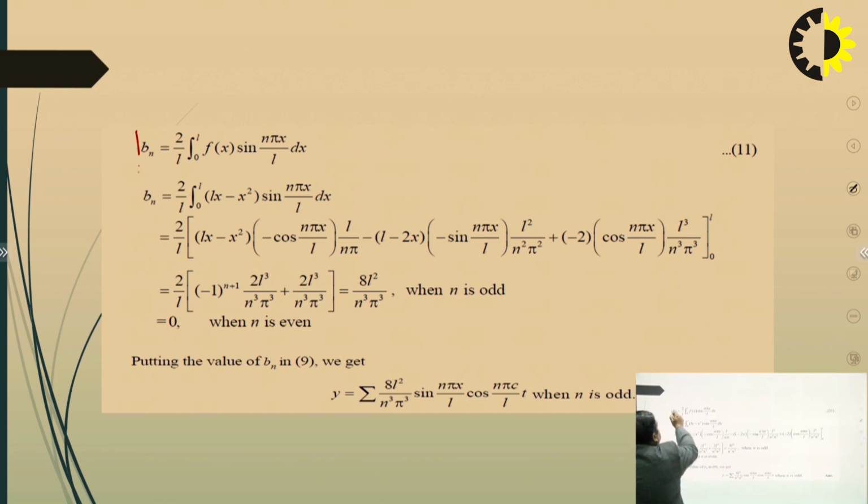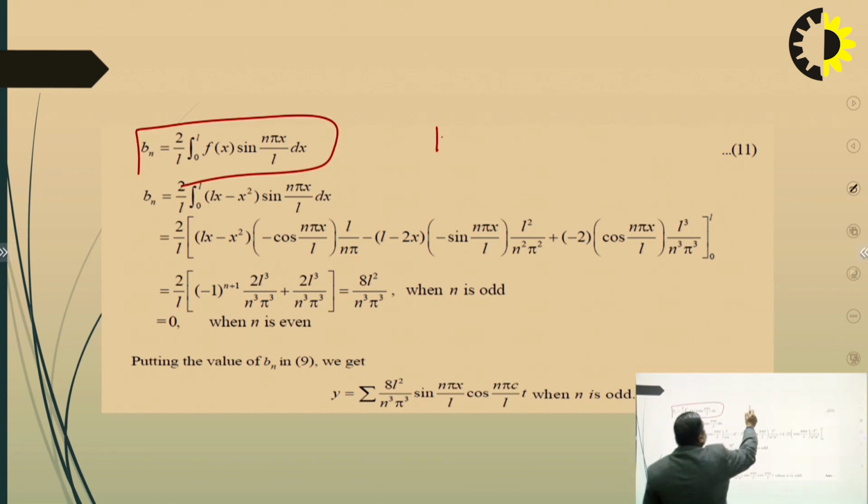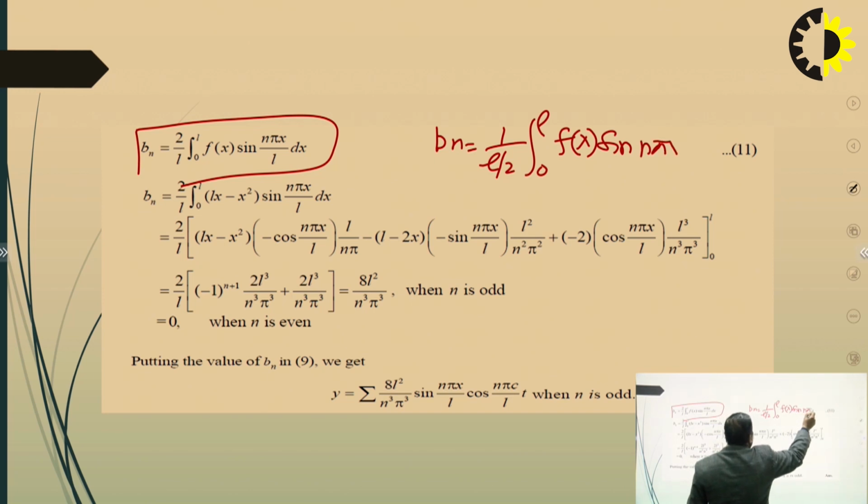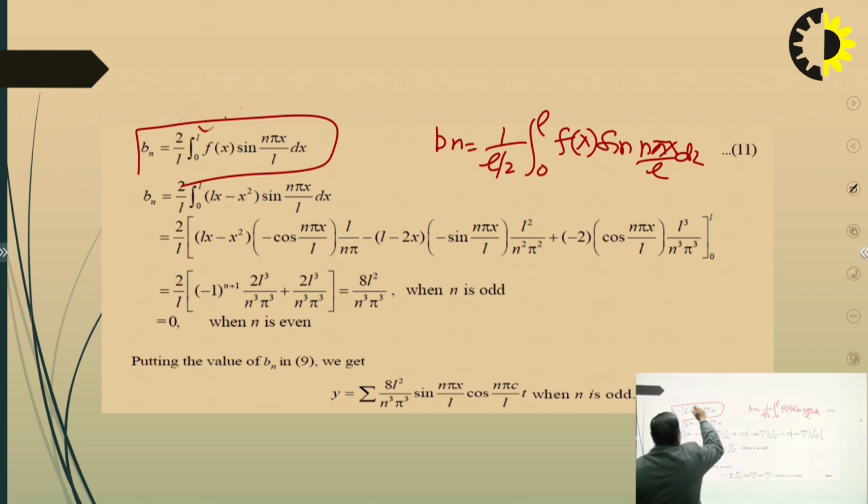In the half range sine series, bn = (1/(L/2)) ∫₀ᴸ f(x) sin(nπx/L) dx, which becomes (2/L) ∫₀ᴸ f(x) sin(nπx/L) dx. Here the function is given as (Lx − x²) sin(nπx/L) dx.